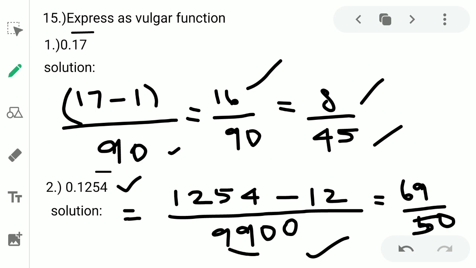Since the numerator consists of 4 digits and the recurring digits are 2, I am writing 99 in the denominator, and I am adding double zero, so you'll get the answer as 69 by 50.